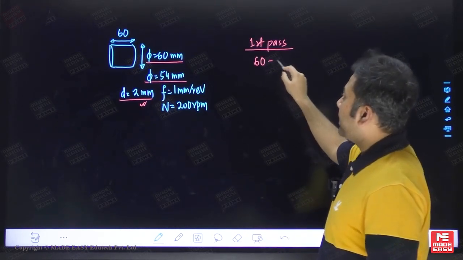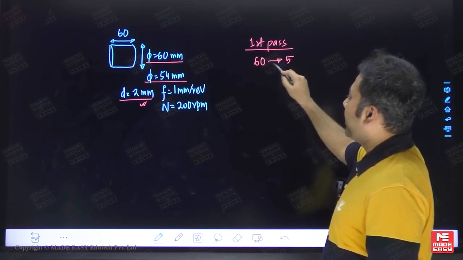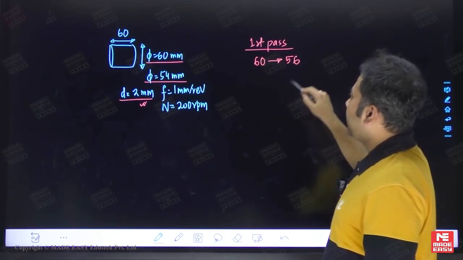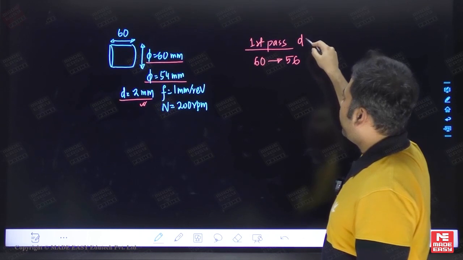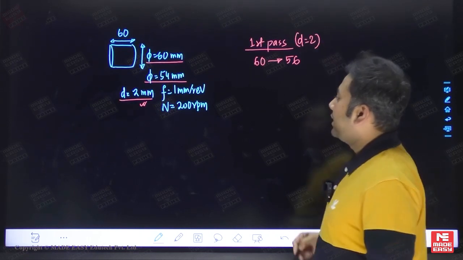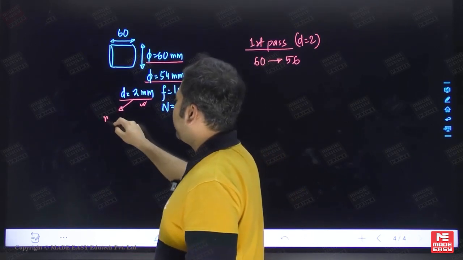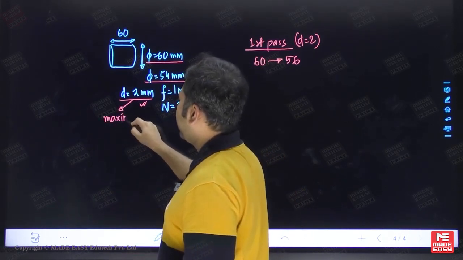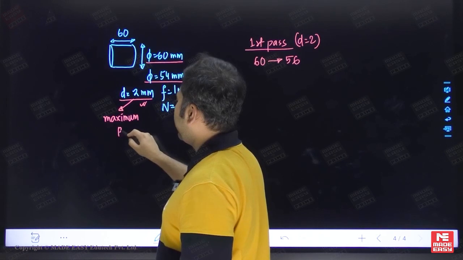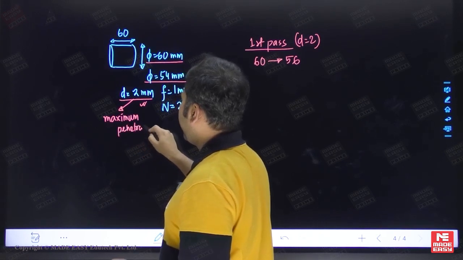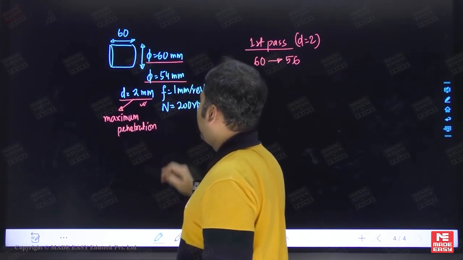So in the first pass we will be able to reduce the diameter from 60 to 56 mm, because the depth of cut cannot exceed 2 mm. When the depth of cut is given in the question, it means maximum penetration.